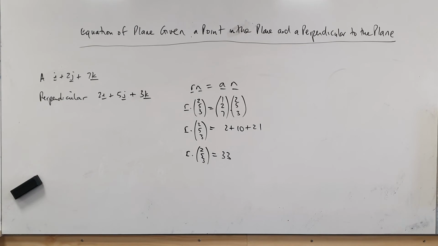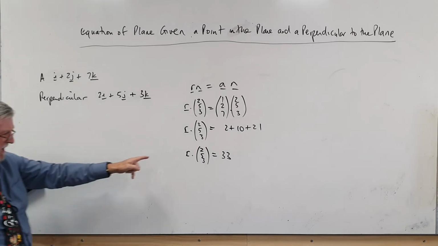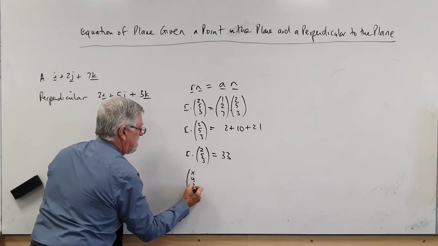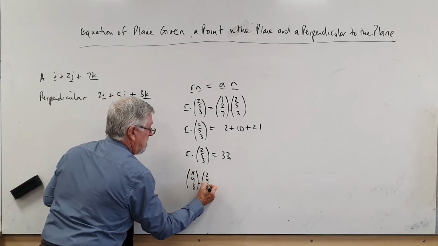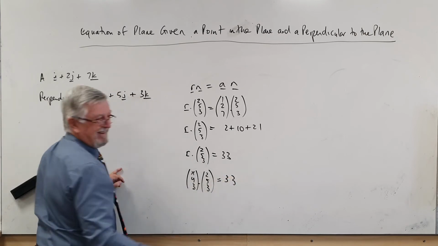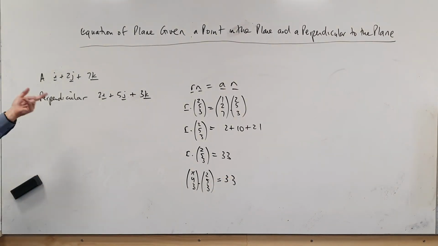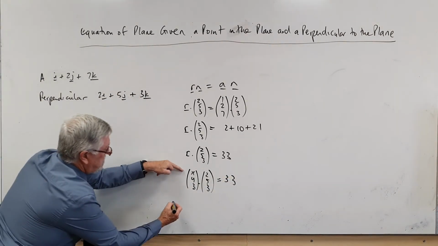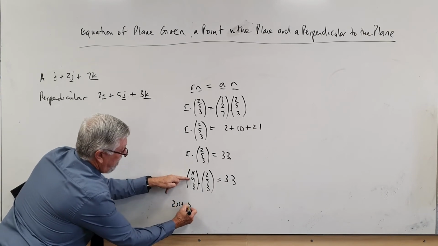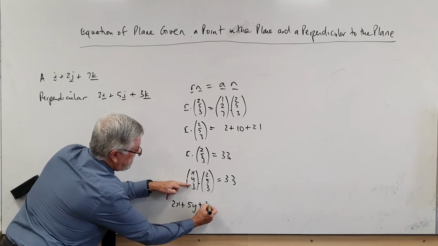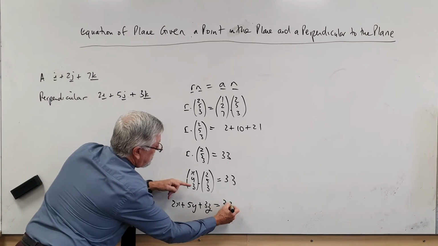Give me a second, I've got to go a step further before I get to your question. What if I replace the R by x, y, z? Dot product, not cross product. Yes. So that means 2x plus 5y plus 3z equals 33.